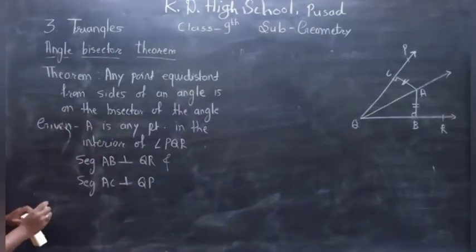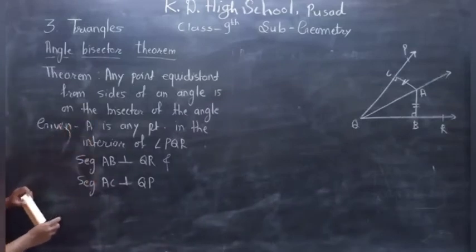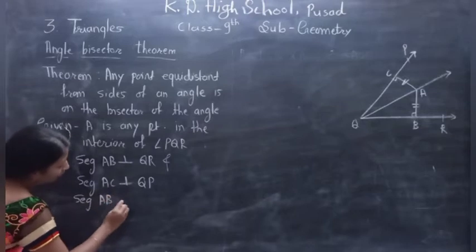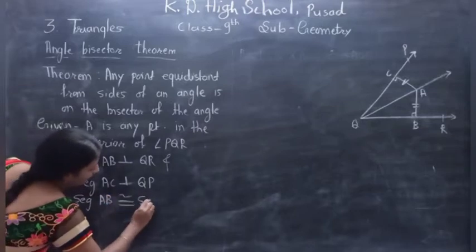Okay, now one more thing, it is given that AB congruent to AC. Segment AB congruent to segment AC.